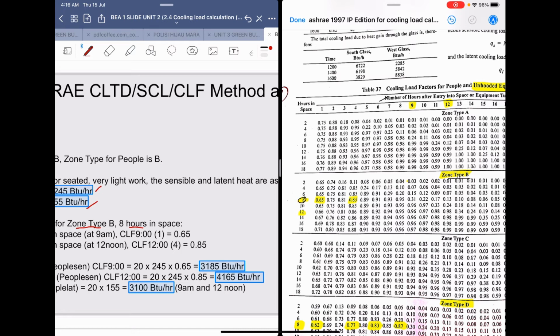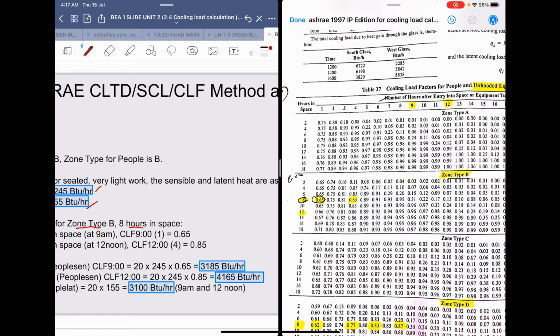The students enter the space at around 8 in the morning. So we want the hours in space, about 8 hours. Then the first hour in the room will be 0.65, because the students enter the room at 8 a.m. So 1 hour after 8 a.m. is 9 a.m. So 9 a.m. is 0.65 CLF.